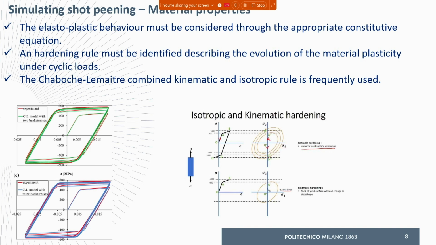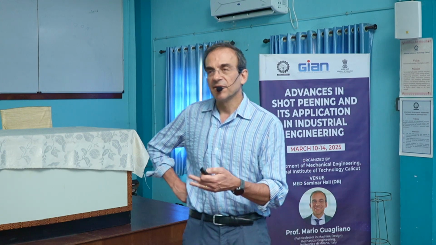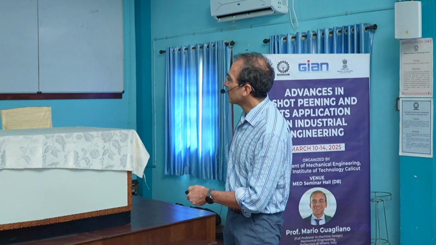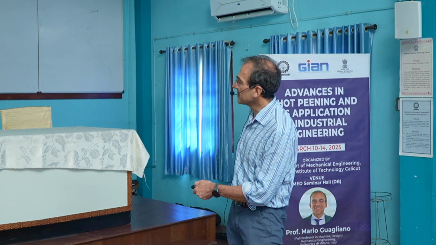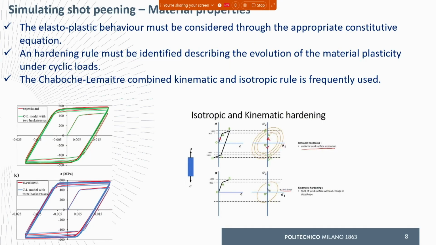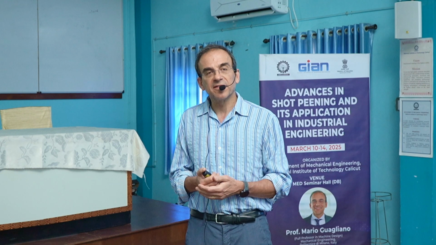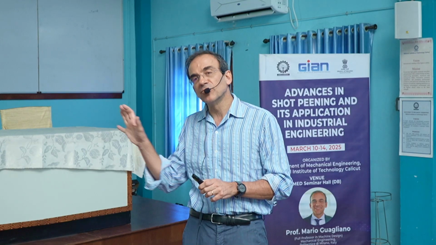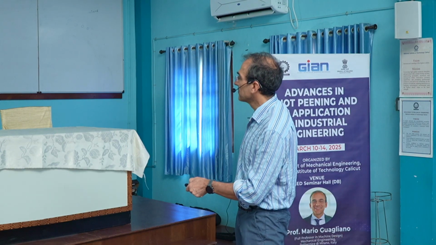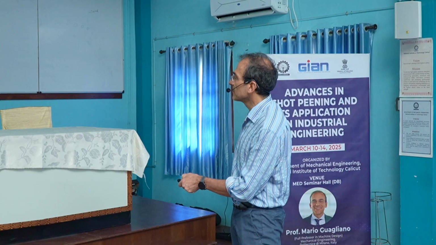The kinematic hardening rule is the other one that is represented here. Here we have, again, a material with a deviation from linearity, so with elastoplastic behavior. We exceed the yield stress here, and in this case the hardening ellipse remains with the same dimension, but moves with the trajectory of the load.